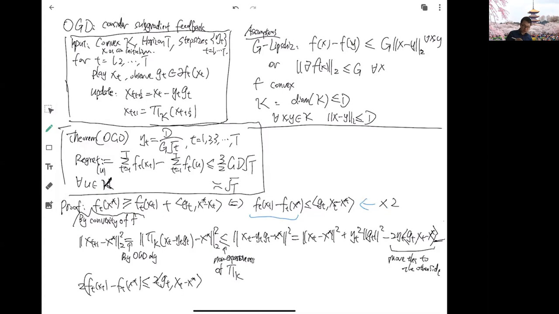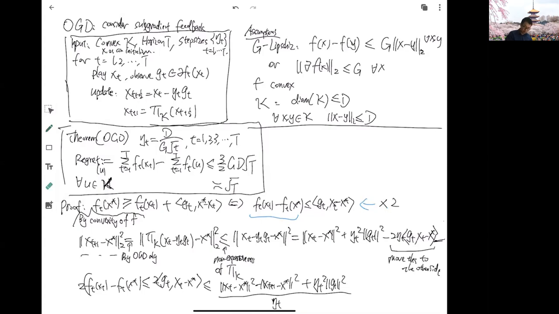Since we move this to the other side and divide both sides by eta_t, we can upper bound this with the following. Once we move this to the other side and divide both sides by eta_t, we get the norm squared of x_t minus x star, and then we move this term to the right hand side, minus the norm squared of x_{t+1} minus x star, plus eta_t square g_t square, and divide everything by eta_t, right?